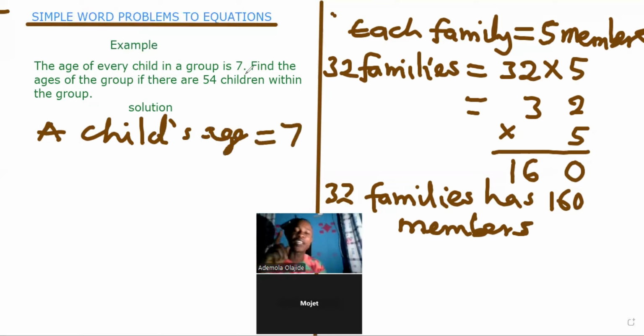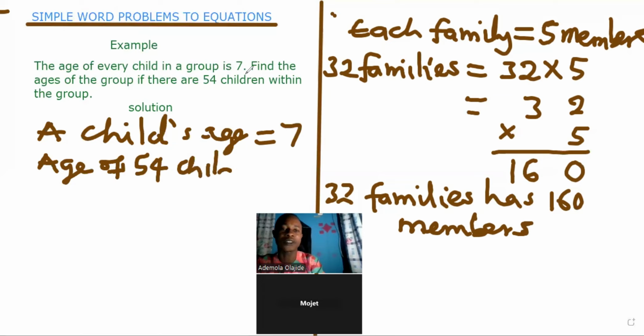And they say every child, you give 7. That means the value of every child is 7. If they ask you to find the age of 54 children, what do you do?